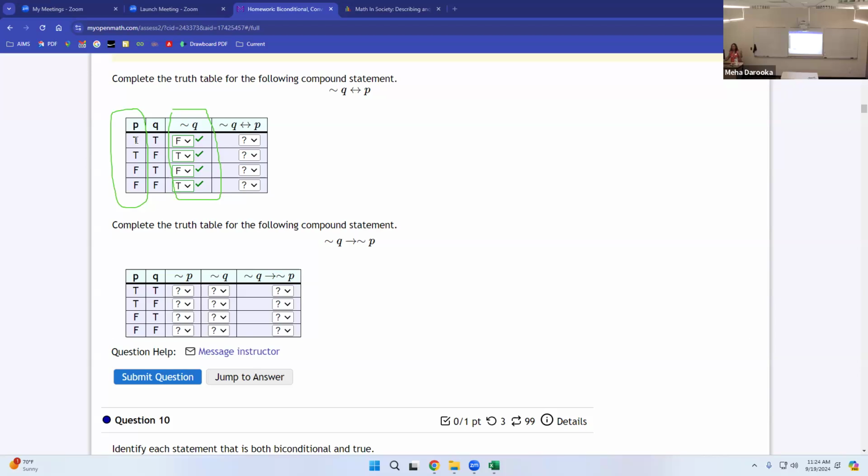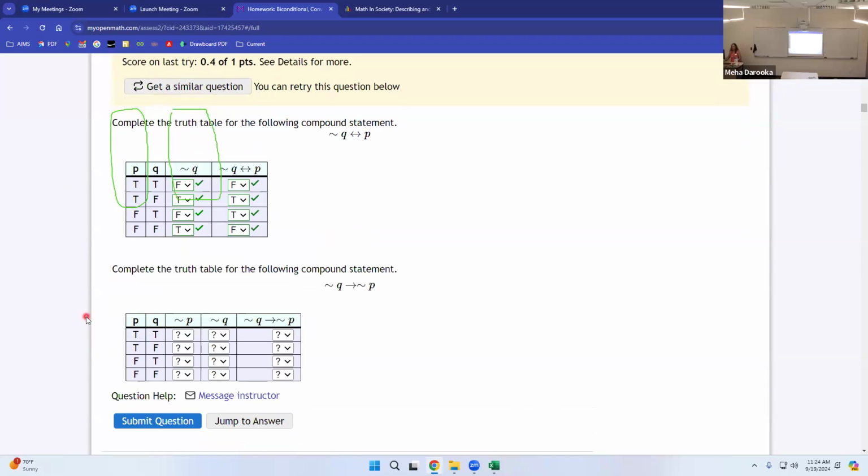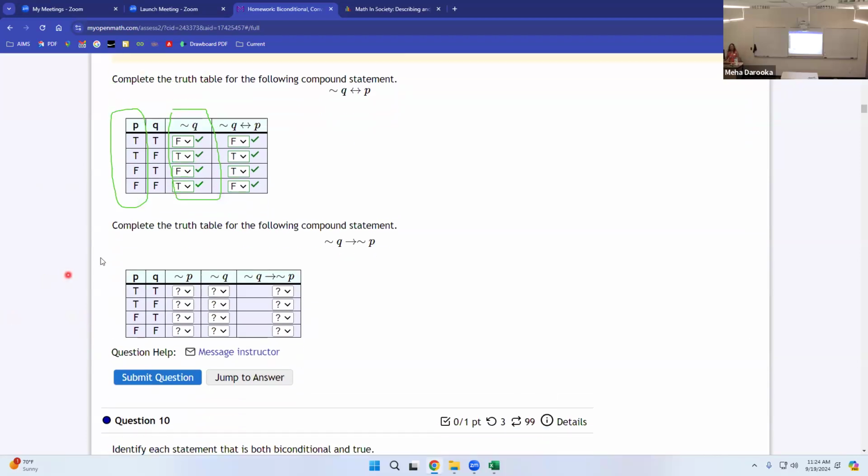So we have true over here, but this one is false, so this will be false. We have true over here, this one is true, so this is true. This one is false, this one is false, so again it becomes true. First one is false, second one is true, so that will become false.